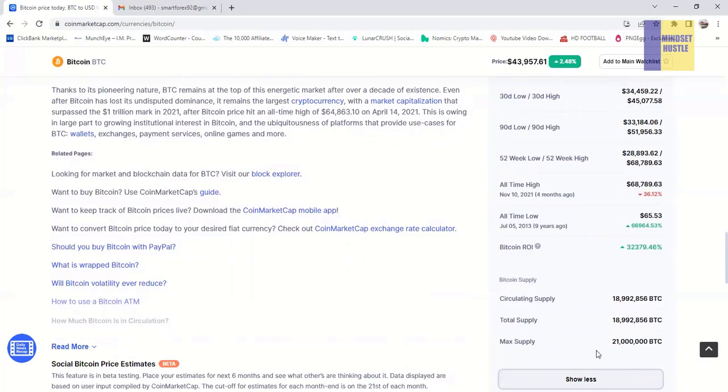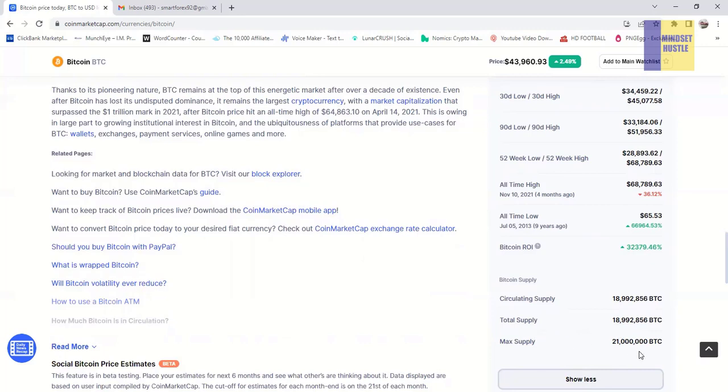Now this is the maximum supply. 21 million BTC is the maximum supply. What this means is that you cannot have more than 21 million BTC in the entire lifetime of BTC.